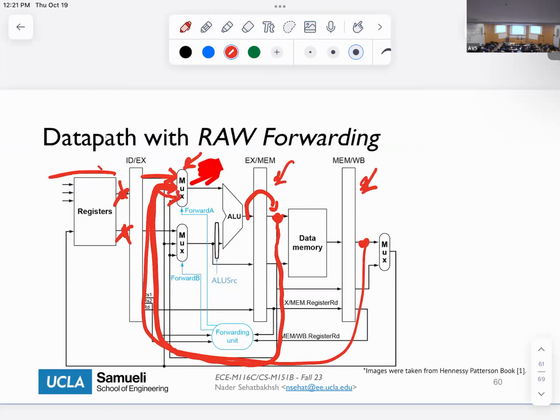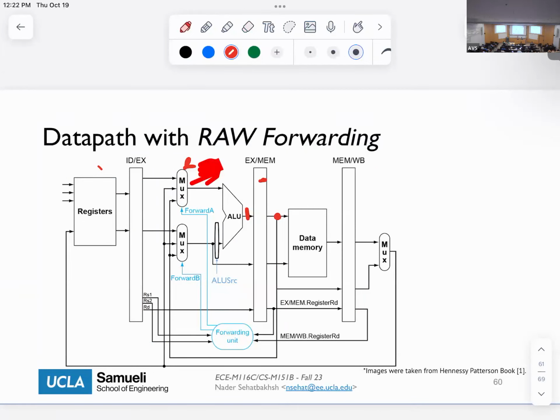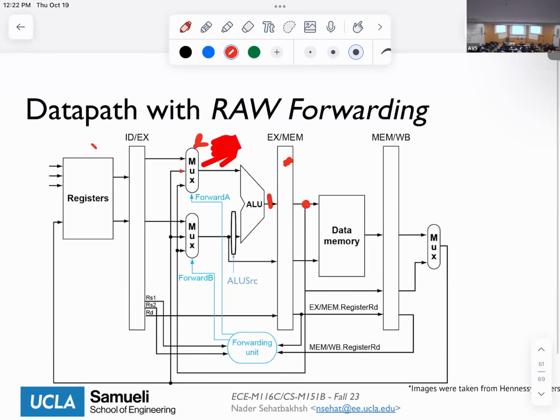So this is the datapath with these additional changes. I showed this before, but let me do it one more time. As you can see, we either forward from this register or we forward from this register. So the way this works is we're going to get this value all the way from here, or we're going to get this value all the way from here.